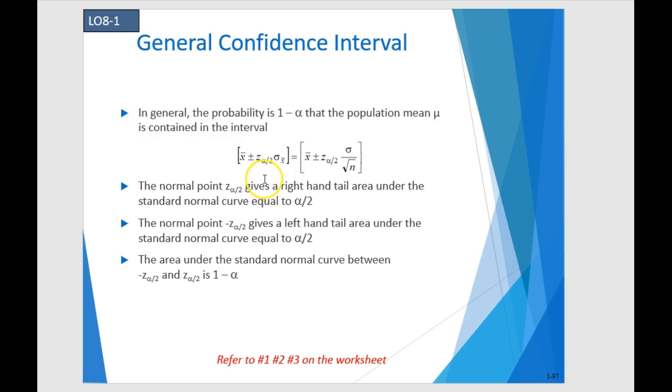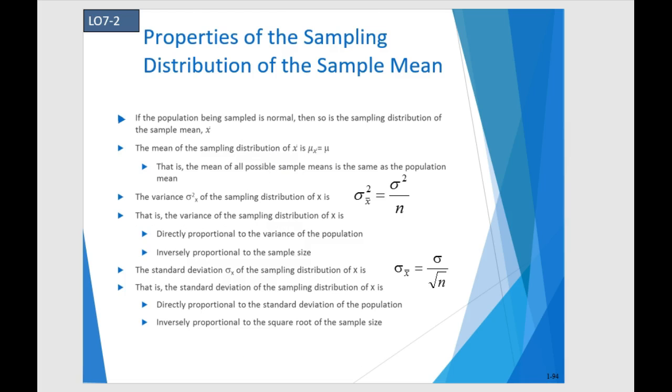Expanding that formula further, we say x bar plus or minus z of alpha over 2 times sigma divided by the square root of n. The only difference is that sigma divided by the square root of n is sigma x bar expanded. So sigma x bar is sigma over the square root of n.